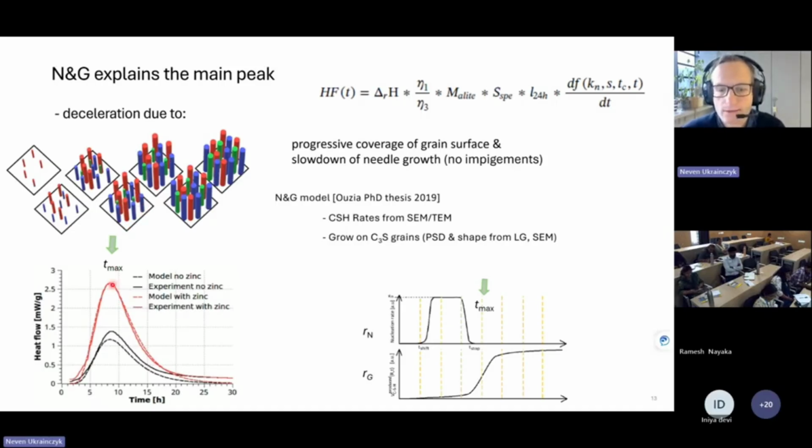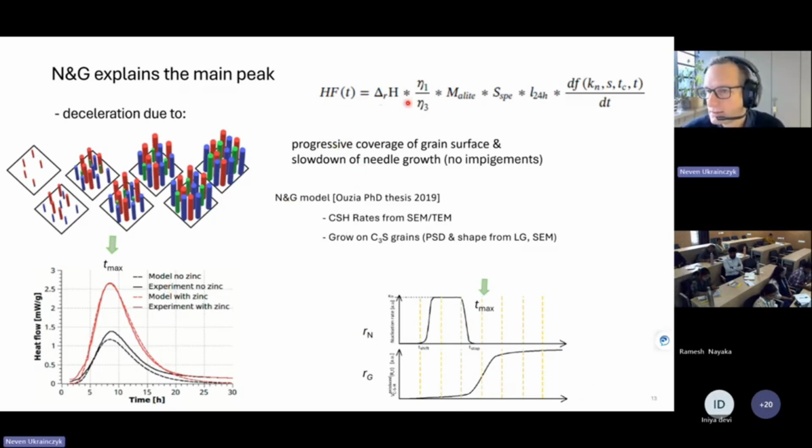And this is why the nucleation and growth starts to decline, because of this lack of growing space. So this is how they explain it, and you can see here the nucleation rate, and then it's just forming new cylinders, new needles of CSH, and then later they grow. This is the growth mechanism, and they have actually developed this model.